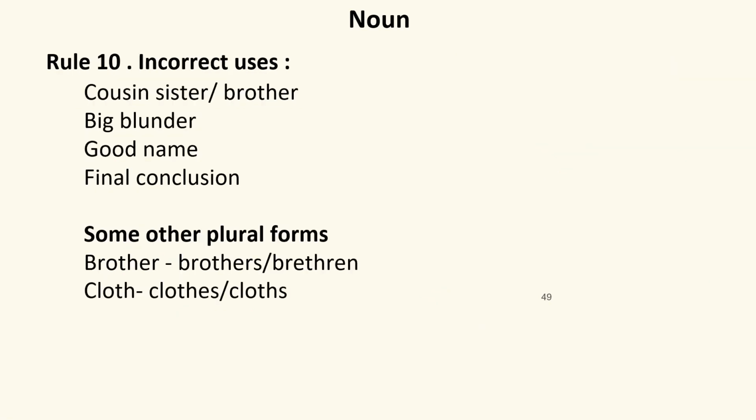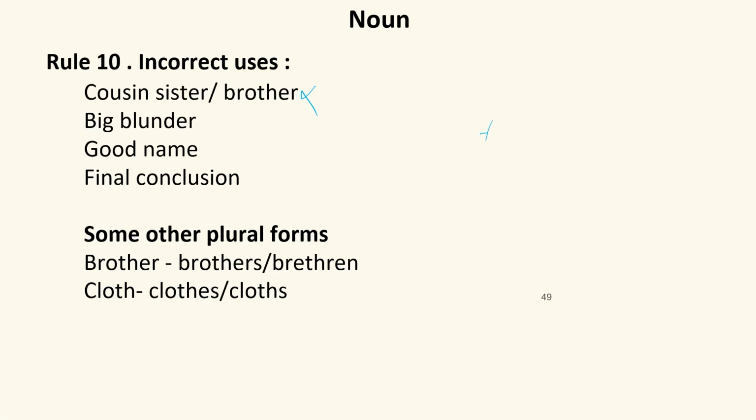Now there are some incorrect uses of noun, or you can say we use nouns incorrectly. If I say cousin sister or cousin brother, that is incorrect, as we have already seen that the word cousin is a common gender. So we do not use cousin sister or brother. Instead, we use cousin.